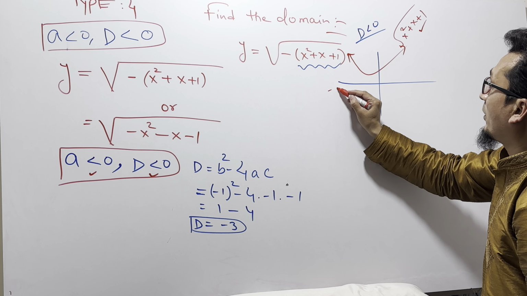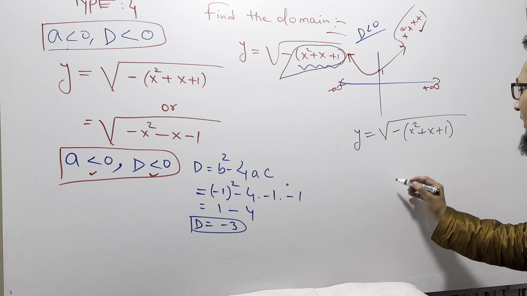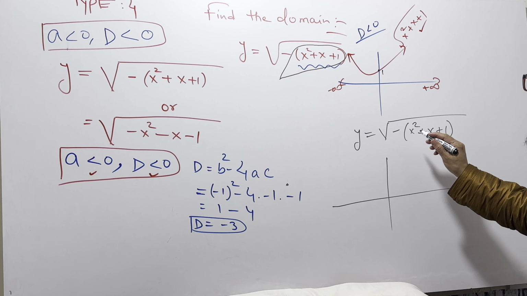But when you take the graph of this one, y is equal to under root of minus x squared plus x plus 1, and I said give any value of x here, because x belongs to the real numbers, what will happen? You will find the value of y here. This value is always positive, I showed you this in type 3.